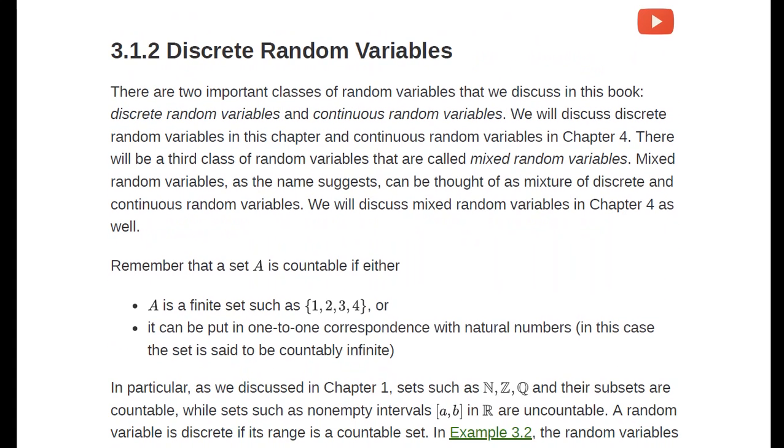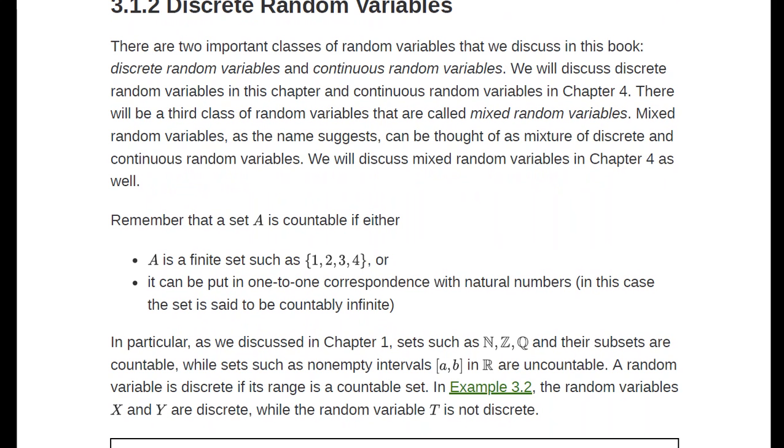Discrete random variables. There are two important classes of random variables that we discuss in this book: discrete random variables and continuous random variables. We will discuss discrete random variables in this chapter and continuous random variables in the next chapter.